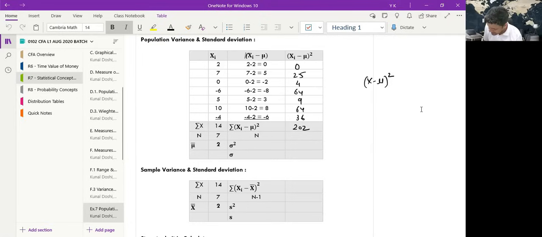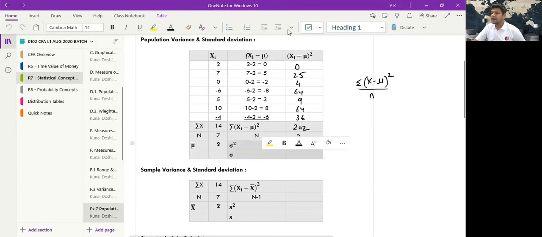And then we did the total of it. That is 202. And since we are going to take average, I'm going to divide this by number of data, which is in this case 7. And when you do this, you get a number. So 202 divided by 7, you'll get an answer of, yes, anyone? 28.85. 28.85 is your answer.